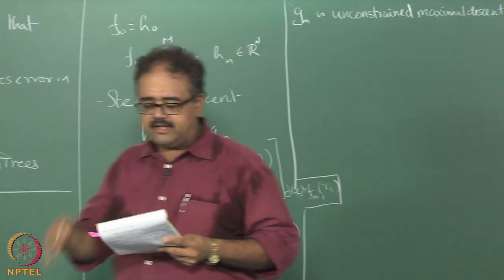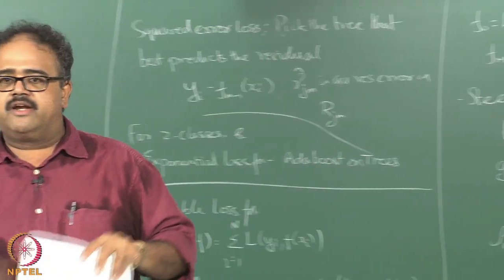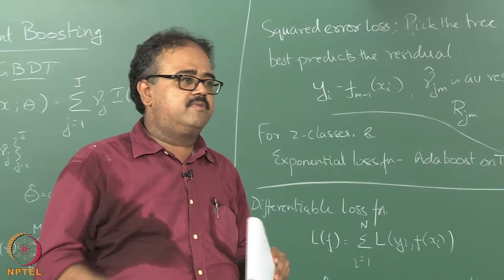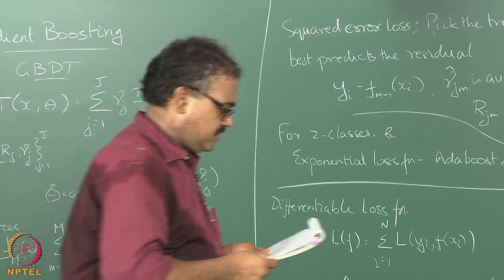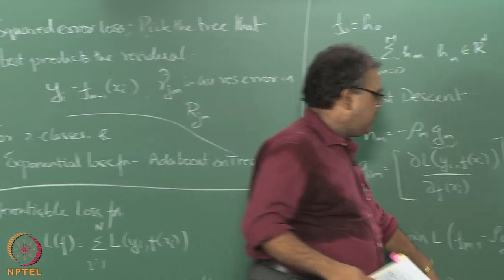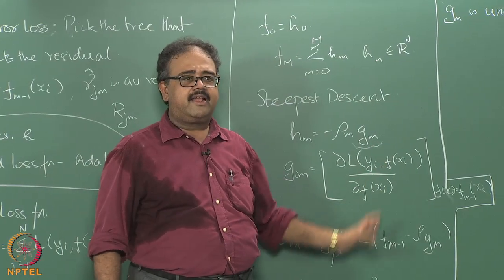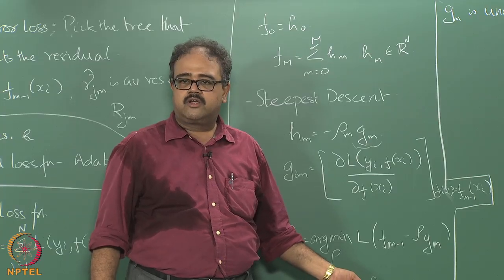GM is some kind of an unconstrained maximal descent direction. I do not have any constraints on f or anything else, right. What is the maximal descent direction? I essentially get GM. So, now what we are going to do is to say that, hey, all of this is nice, but I would really like some parametric forms for what I am doing, otherwise things become too complicated.